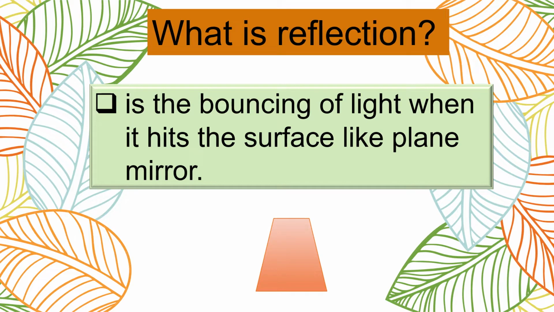Now, take for example this plane mirror or this surface. Then this is the light ray. As it hits on the surface, this is what happened. It bounces. Okay? So when there is a bouncing of light when it hits the surface, that is what we call reflection.